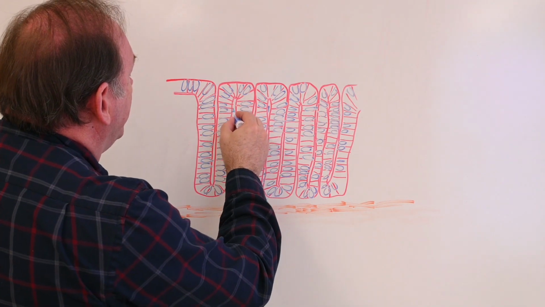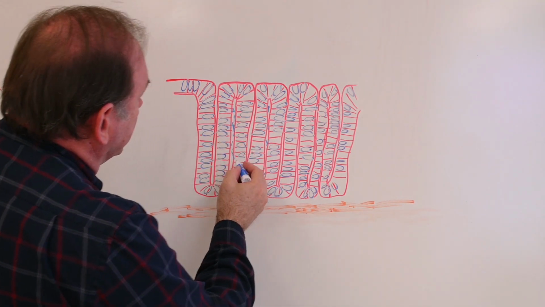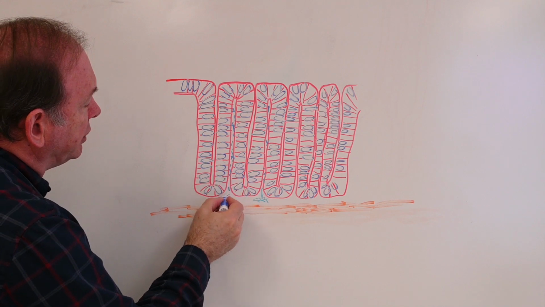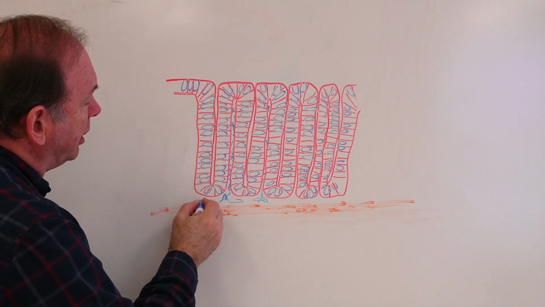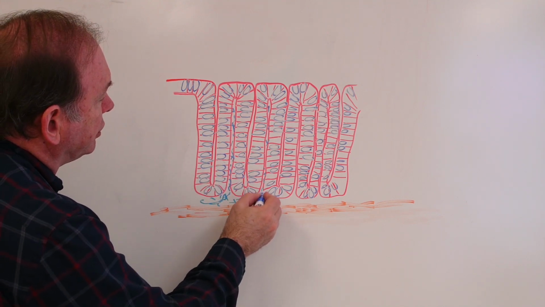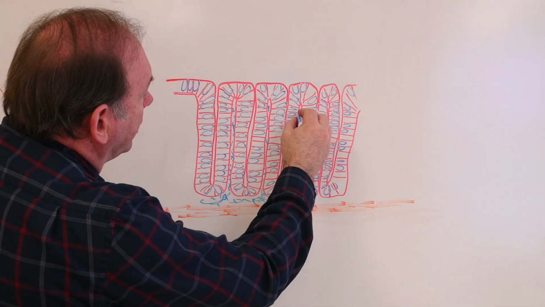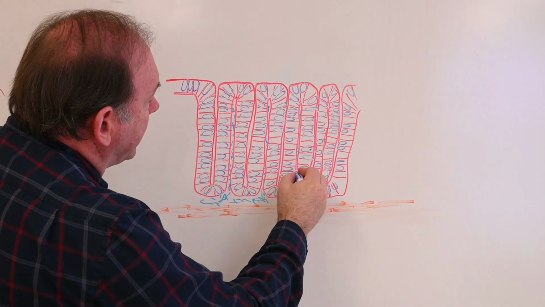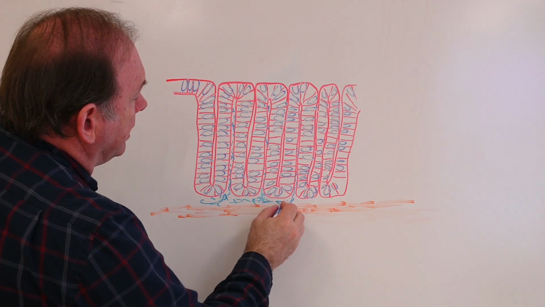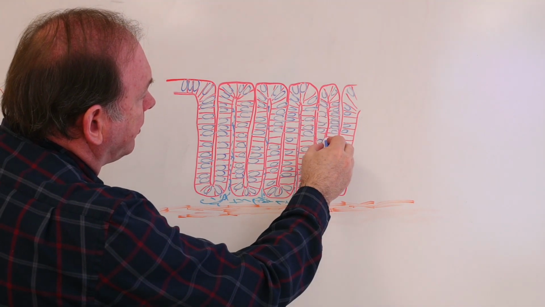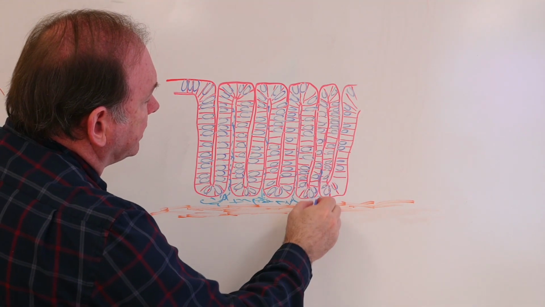There's not much room in this space between the glands for much connective tissue, but there's a little bit of lamina propria, that loose connective tissue. So we'll put a little bit of it in that gap between the intestinal glands for this large intestine drawing.